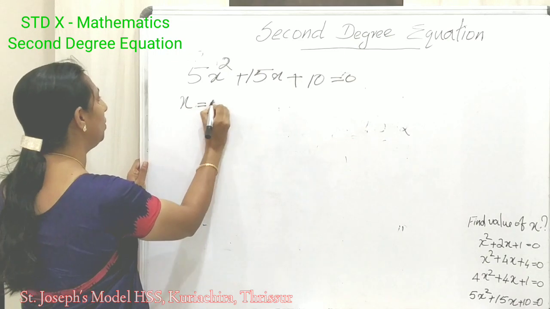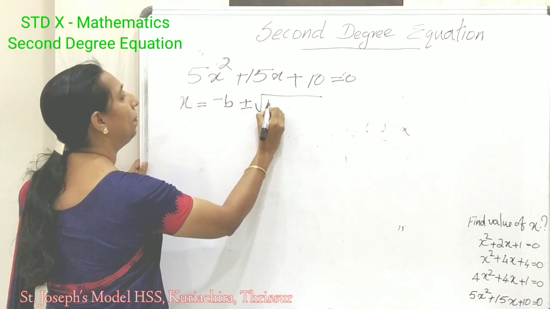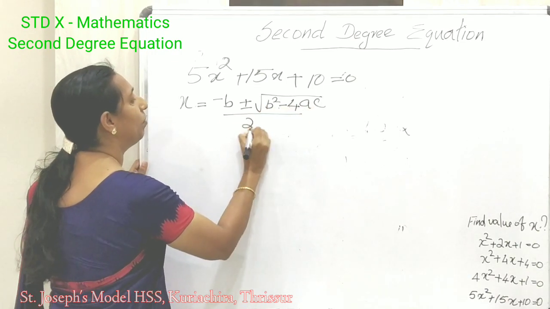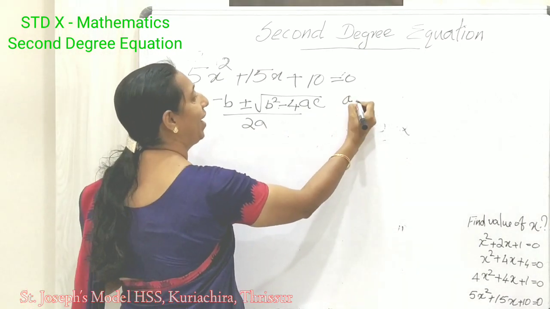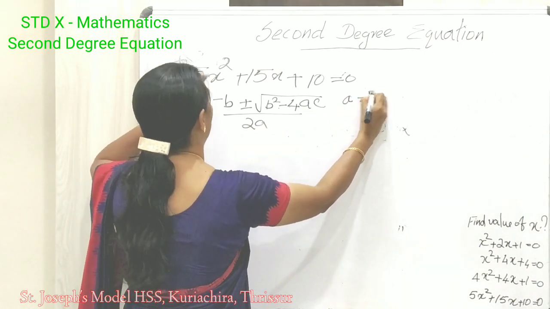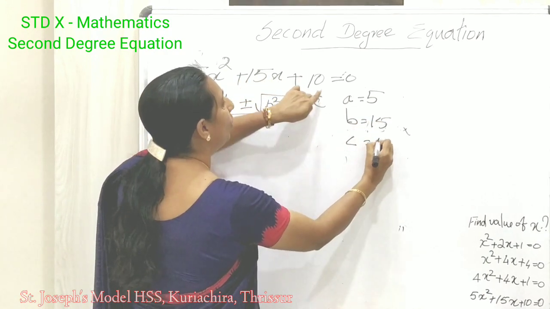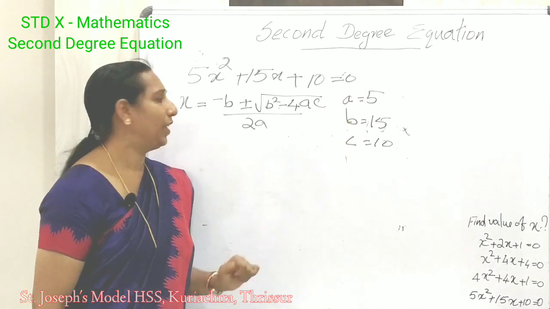X is equal to minus b plus or minus root of b square minus 4ac, all divided by 2a. What's the next step? You are finding out the value for a. A is equal to 5, b is equal to 15 and c is equal to 10. What's the next step? Substituting these values in this equation.